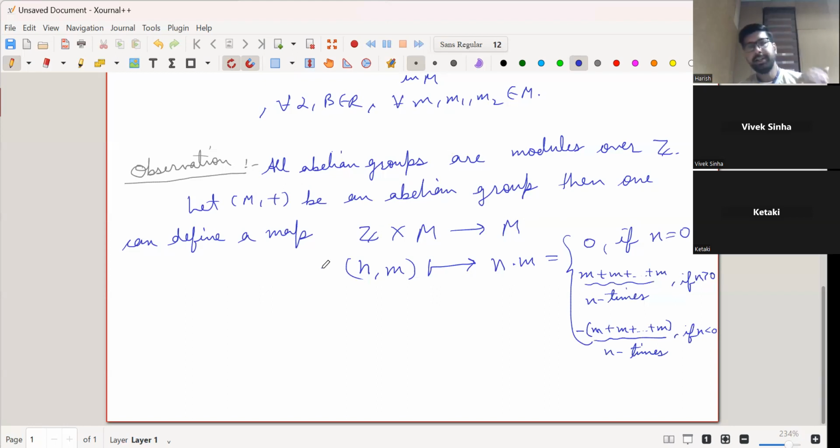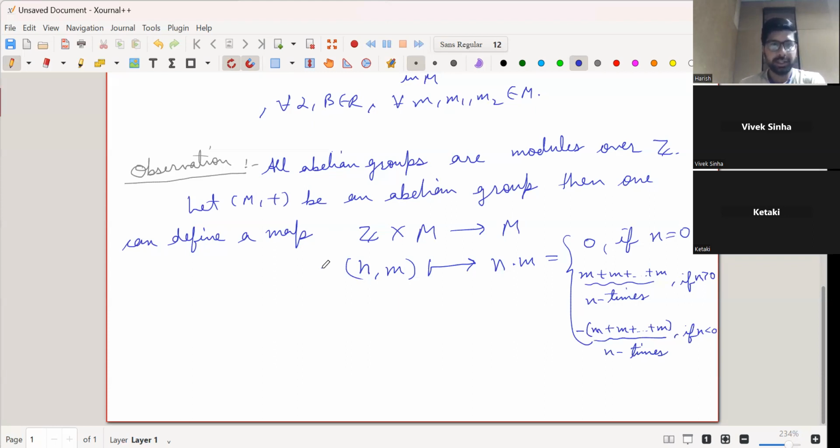So every abelian group has a Z module structure, and of course every Z module has an abelian group structure, because every module over any ring is an abelian group.